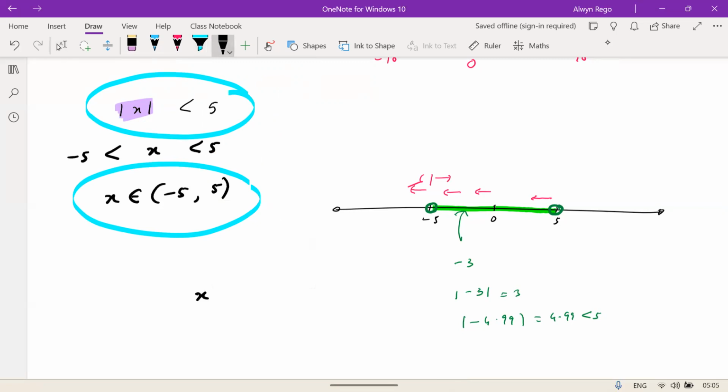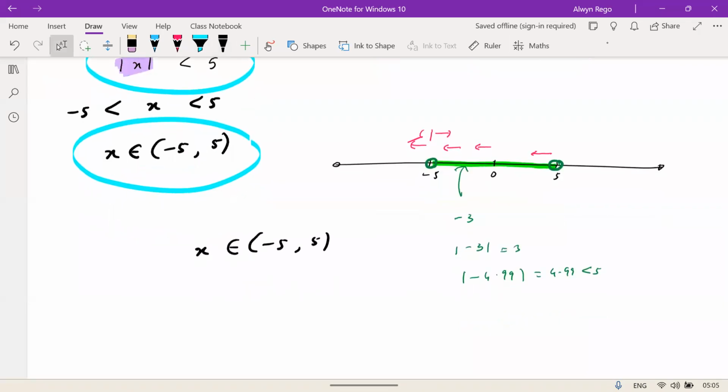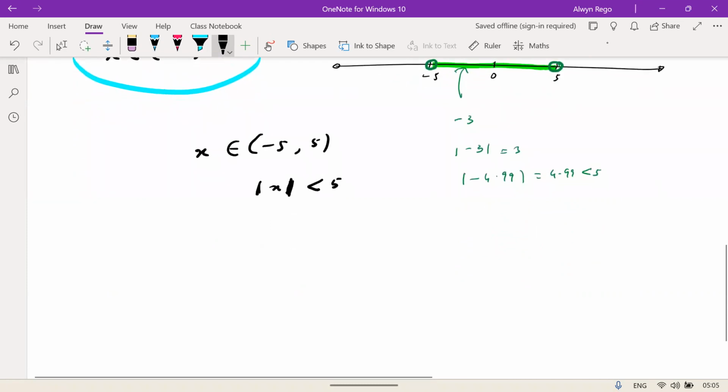Another way of representing the same thing is that the modulus of x is less than 5. These are two equivalent statements. Modulus of x is less than 5, absolute value of x is less than 5, is the same thing as x belonging to -5 to +5.